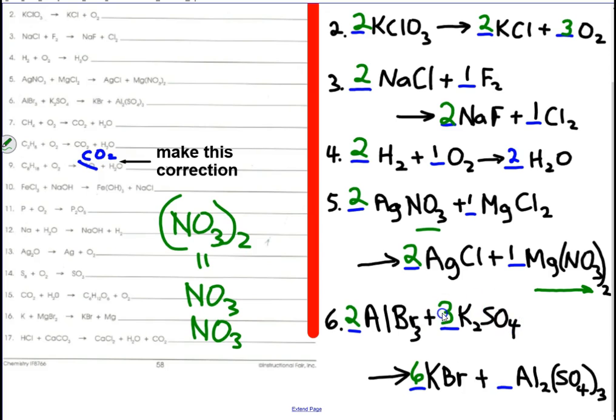So I have 3 of the sulfates, which are SO4, and looky here, 3 sulfates. We are balanced! Hurrah! Now we can put in a 1, can't we? With the aluminum sulfate down here, and we are done.